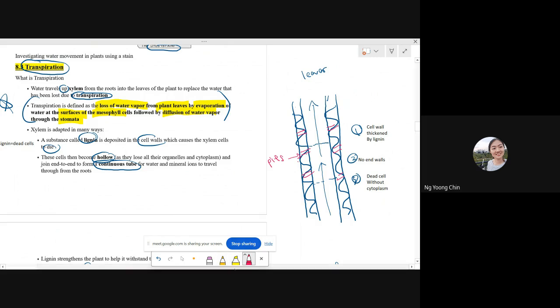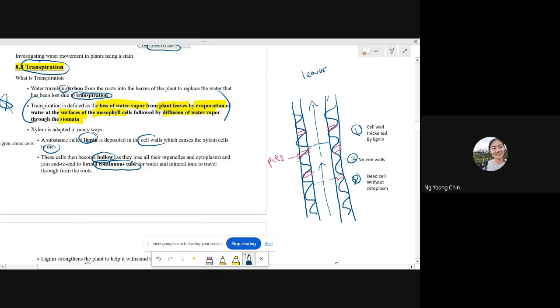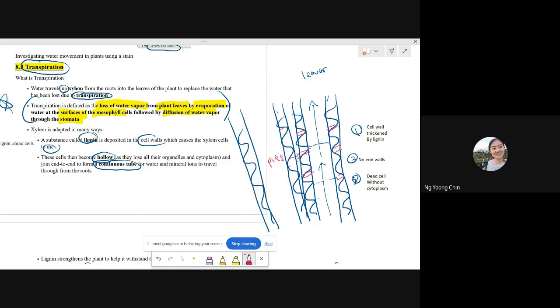These pits help to transport the water, because the xylem is always connected to another xylem, right? So this will be another xylem. They have lignin. This is the xylem wall. Okay, also lignin. So there are two xylem vessels here. This xylem also contains pits.